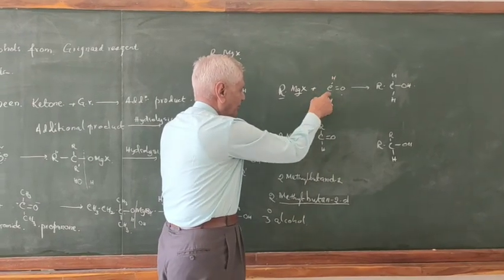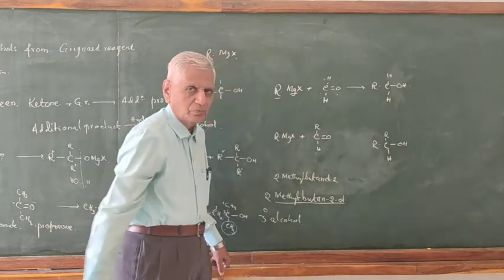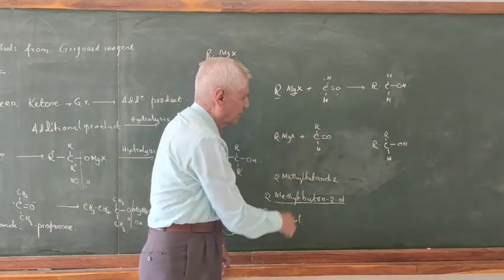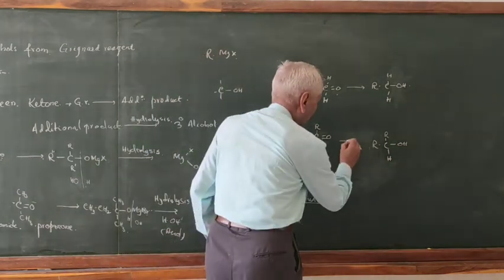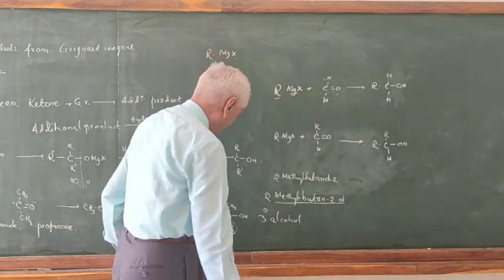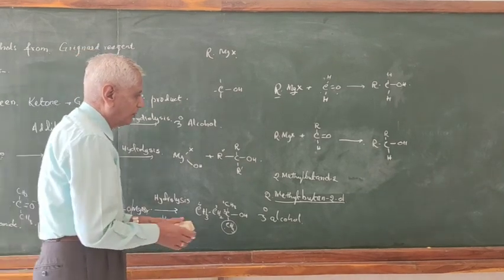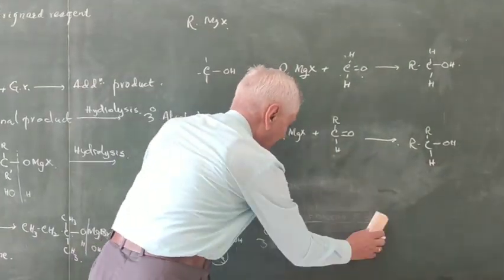Here one carbon has 1 hydrogen and 1 alkyl. And this will add here and you will get R CHR OH.